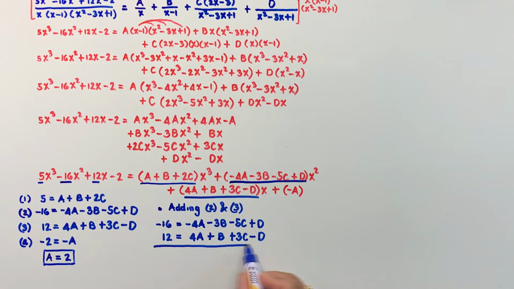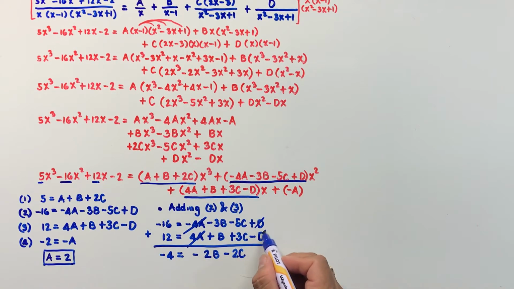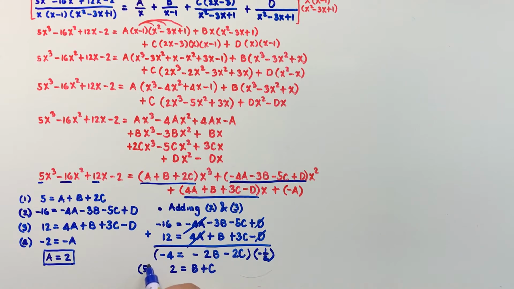So adding these two equations, we have minus 4, which is equal to this one, which can be cancelled, and this is minus 2b minus 2c, because this d and minus d cancels each other. So multiplying both sides of the equation by negative 1/2, we have 2, which is equal to b plus c. And this forms our equation 5.